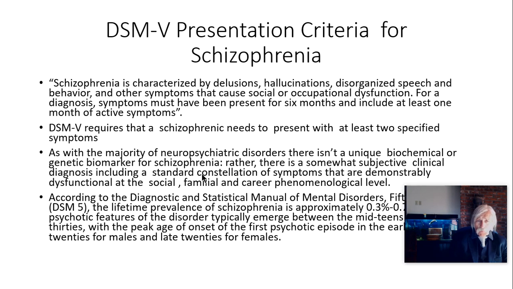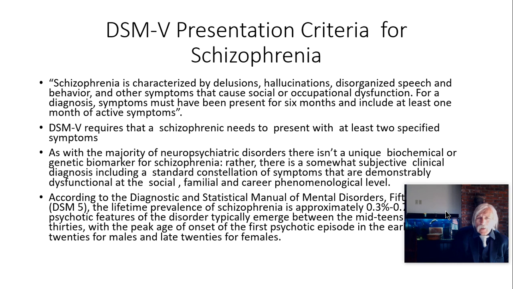As with the majority of neuropsychiatric disorders, there is not a unique biochemical or genetic biomarker for schizophrenia. Rather, there's a somewhat what I call subjective clinical diagnosis, including a standard constellation of symptoms, which we just looked at there. Of course, some kind of dysfunction at the social, familiar, career, phenomenological level.